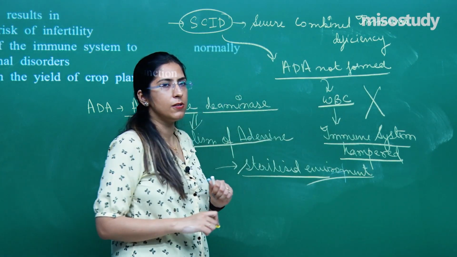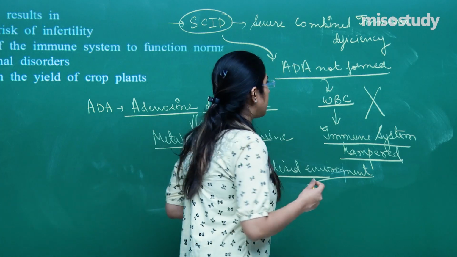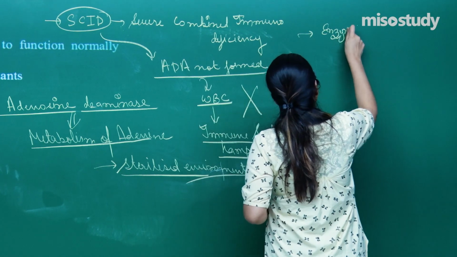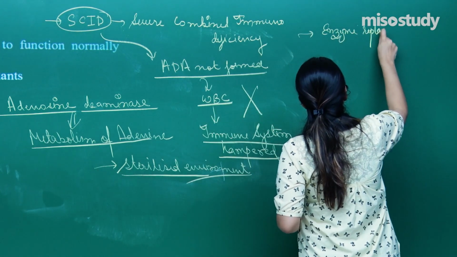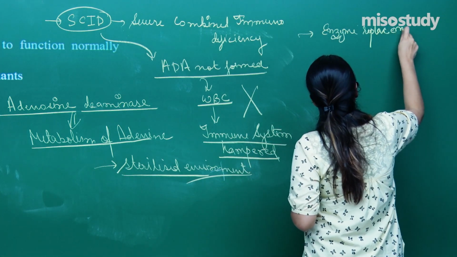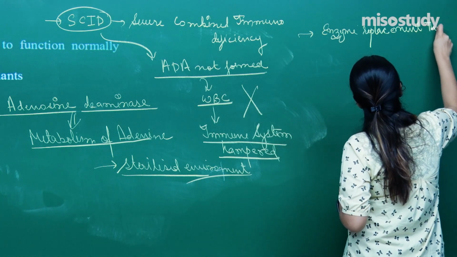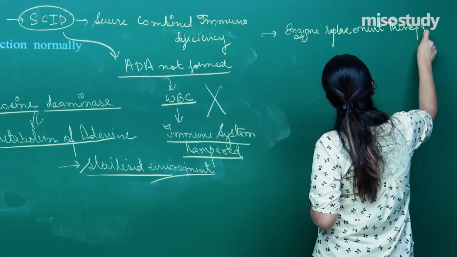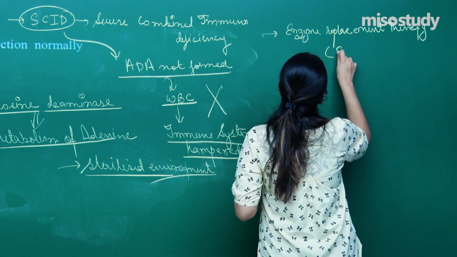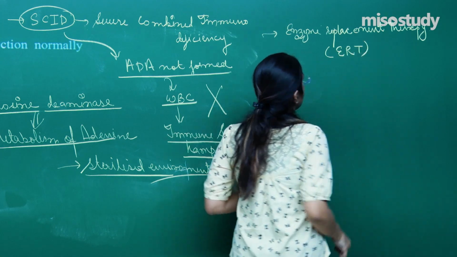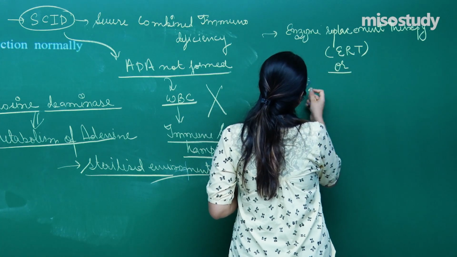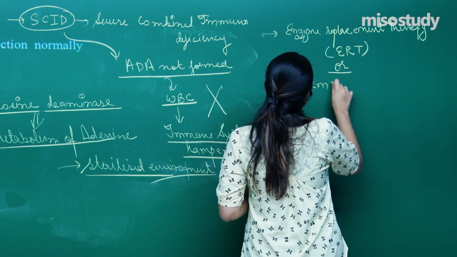Otherwise, various treatments are also there, like enzyme replacement therapy. What can we go for? We can go for enzyme replacement therapy, where we insert this enzyme, that is ADA, which is called ERT, or we can go for stem cell therapy.